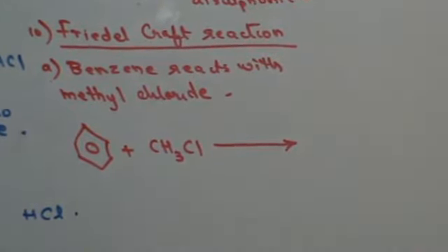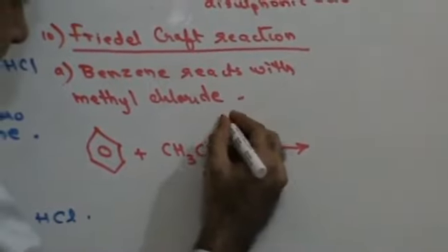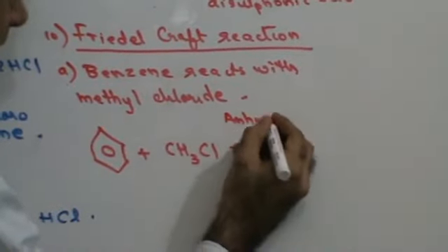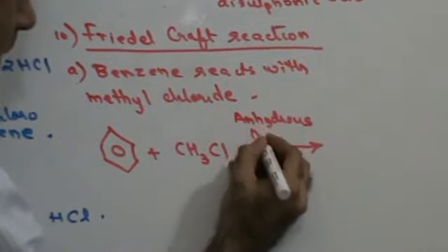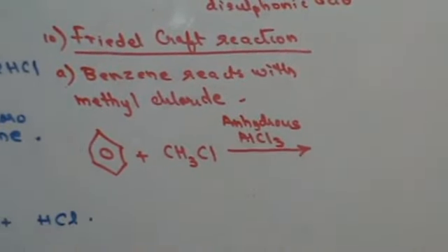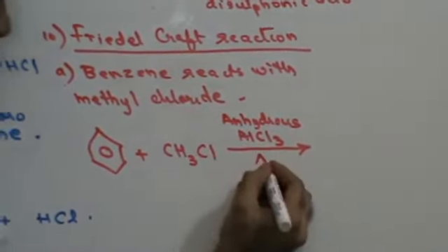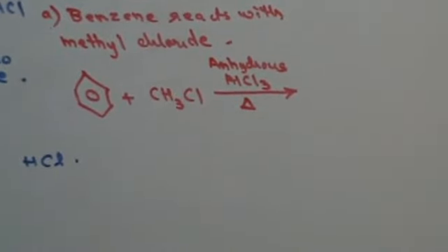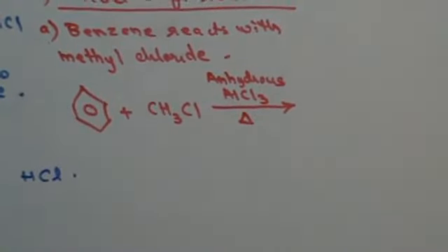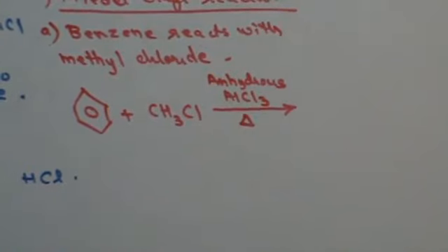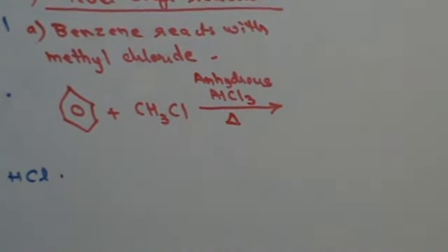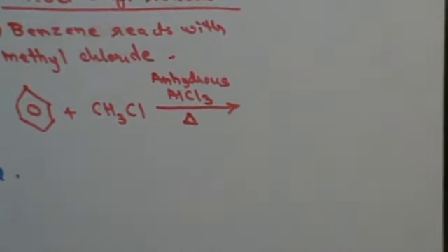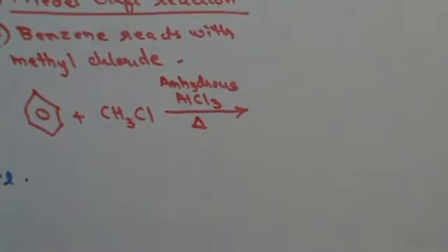Catalyst is anhydrous aluminium chloride. And you're going to heat the reaction. Now, when benzene is treated with methyl chloride, in the presence of anhydrous aluminium chloride, which acts as a catalyst, you would have alkylation taking place.